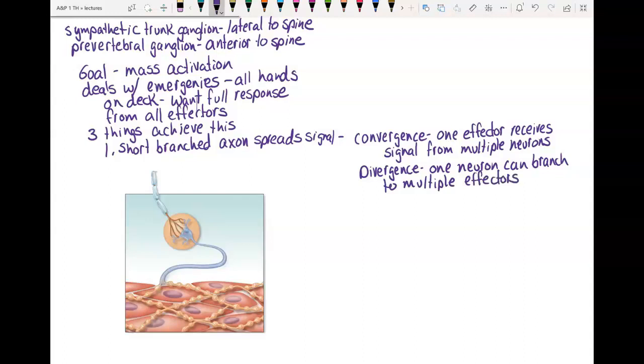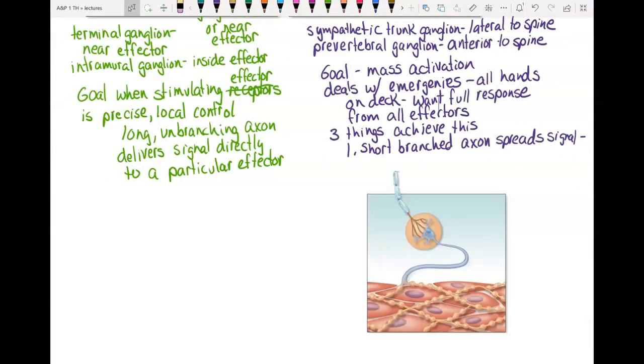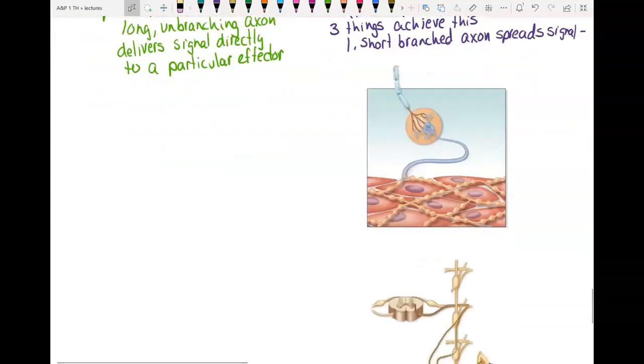So with all this branching and convergence and divergence, you end up with basically this web of axon stimulating effectors. So whereas the parasympathetic is more just a straight line to a particular effector, sympathetic is more of a web to all of your effectors.